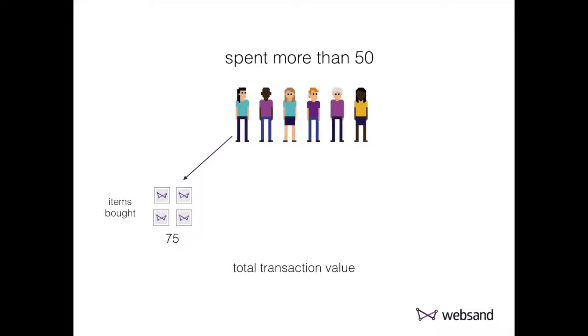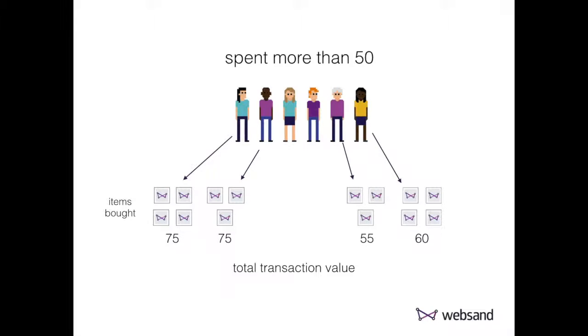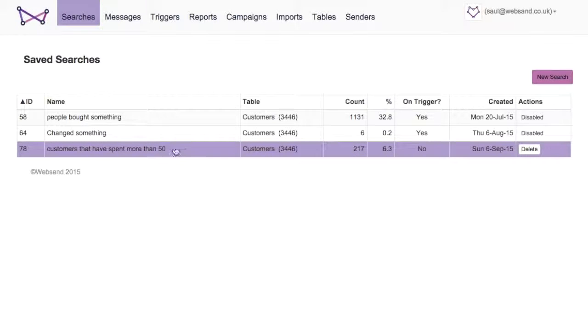So in this case, this guy's bought 4 things, and that brings a total of 75. This chap has bought 3 things, and he's also got a total of 75. This guy's got 60. This lady's got 55. This gent's got 100, and this lady here has got 50. So let's go into the system and show you how to do this.